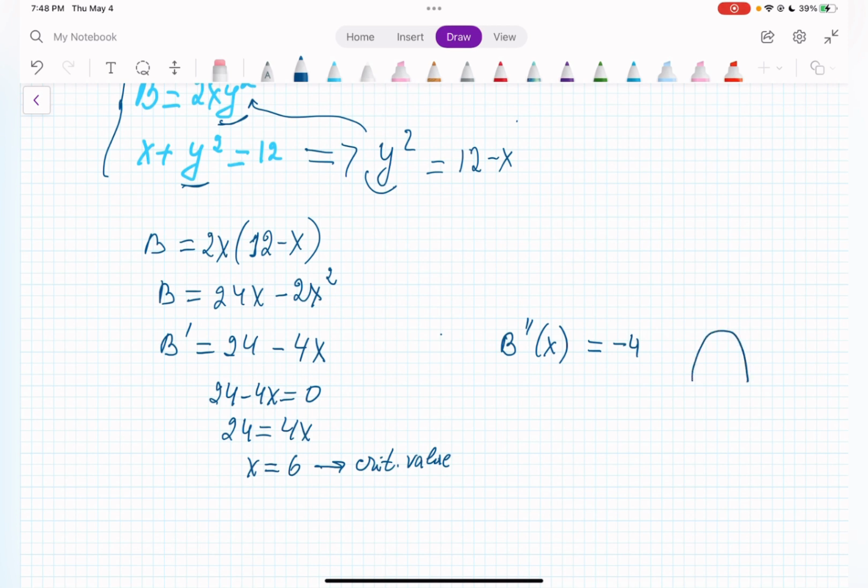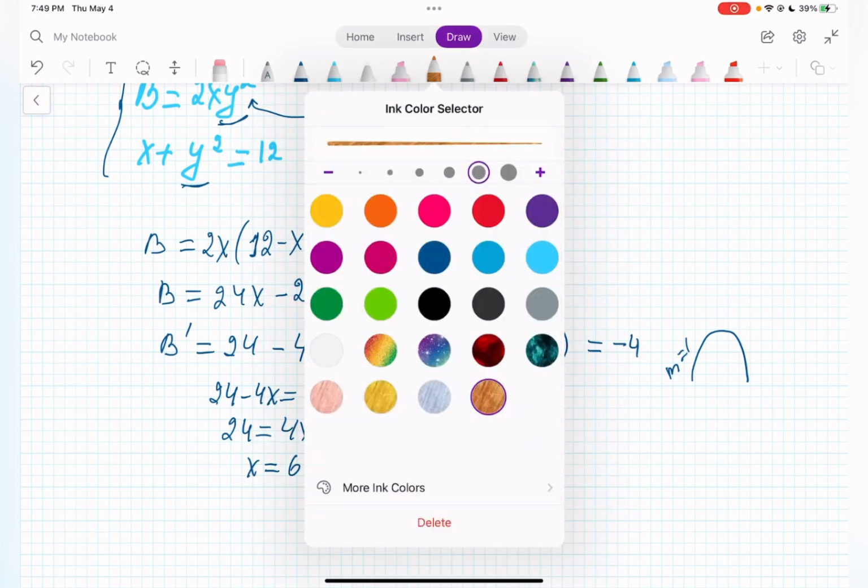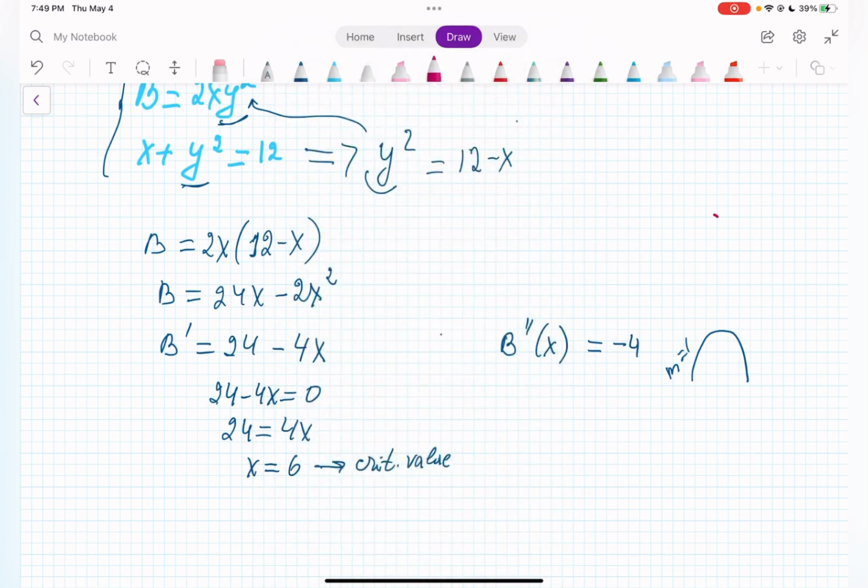Concave down means it goes like this. Remember, like I explained to you, the slope here is positive because it's rising. Then here m is equal to 0, the slope is horizontal.